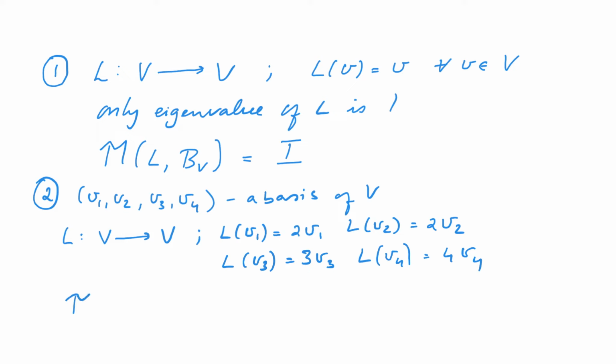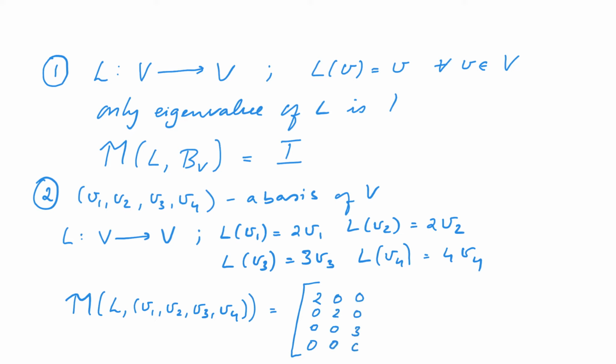Now notice that the matrix of this linear transformation with respect to the basis V1, V2, V3, V4 is equal to 2 0 0 0, 0 2 0 0, 0 0 3 0, 0 0 0 4, which is a diagonal matrix. Thus, this linear operator is diagonalizable. However, it does not have 4 distinct eigenvalues. It only has 3 distinct eigenvalues, namely 2, 3 and 4.